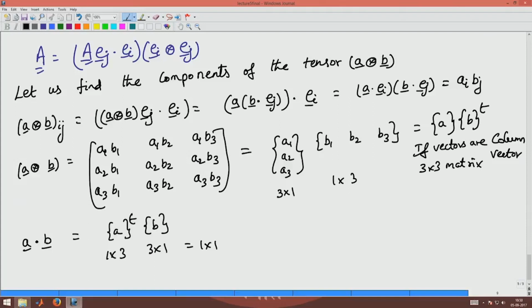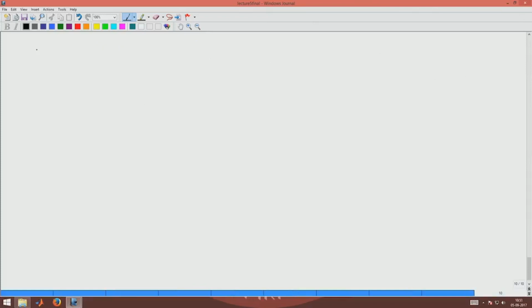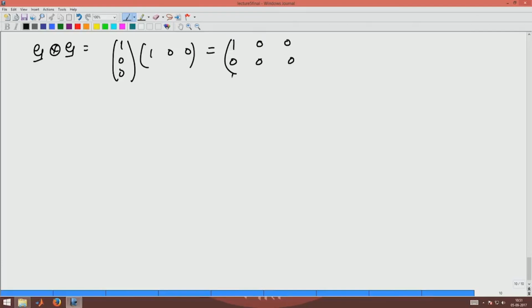Okay. Let us move a little bit further and understand what this tensor basis means. Now, I am interested in finding E1 tensor product E1. This will be 1 0 0 times 1 0 0, so this is nothing but 1 0 0 0 0 0 0 0 0.